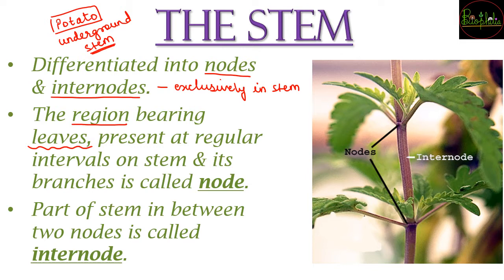Whenever you see that the leaf is coming out, वहाँ पे leaf के पास में you are going to find the node. And the part between the two leaves, the part of the stem between two nodes, is called an internode. So internode is between the two leaves.